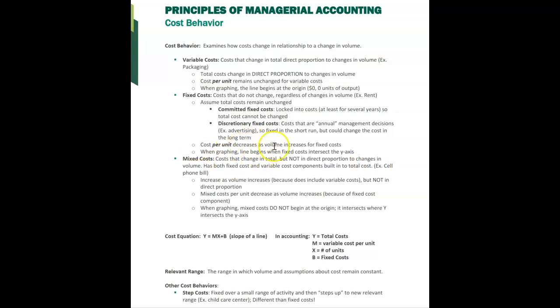Okay, so a base rate would be your fixed cost, and then they'd increase with usage. That would be your variable costs. So they increase as volume increases, but not in direct proportion because there's this fixed component. All right, so when graphing, the mixed costs don't begin at the origin. They intersect where the fixed costs intersect the y-axis, and then the variable costs go on top.